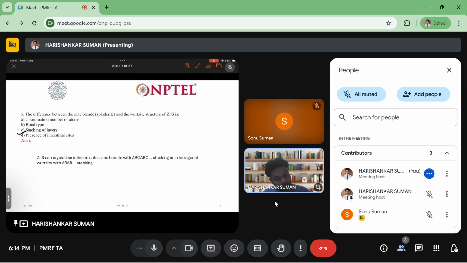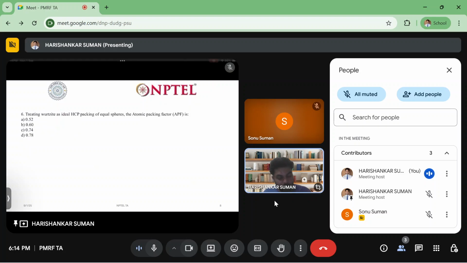Let's go to the next question. For a close-packed structure, the ideal packing of equal spheres, the atomic packing factor is 0.52, or in terms of percentage, 50%, 60%, 74%, or 78%? Please calculate. You can take 5 minutes for this question and tell me the answer.